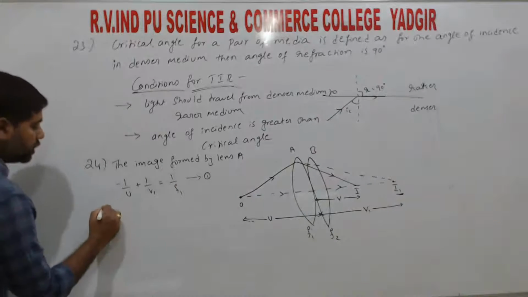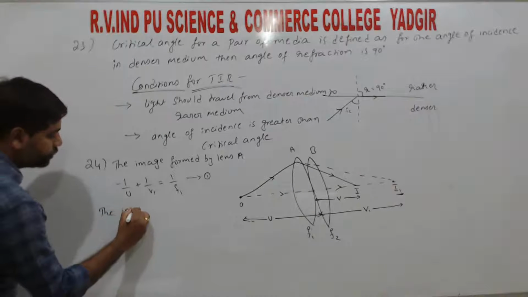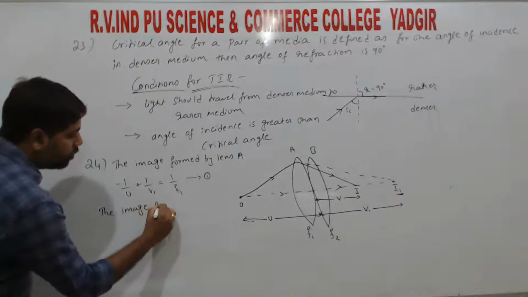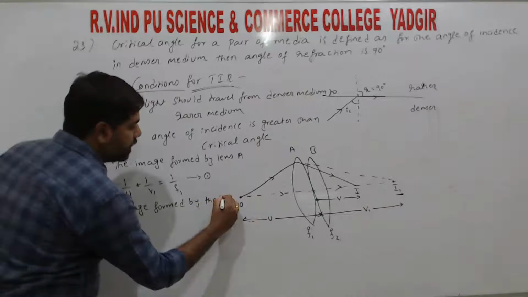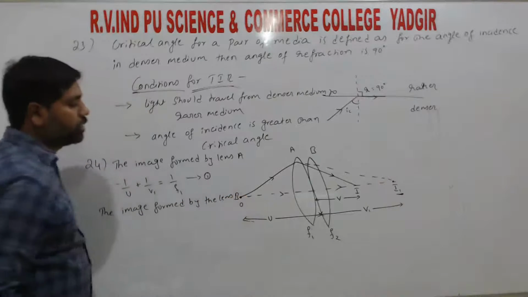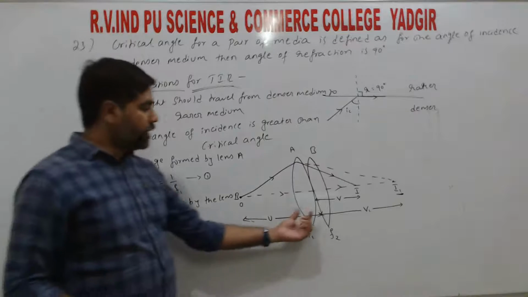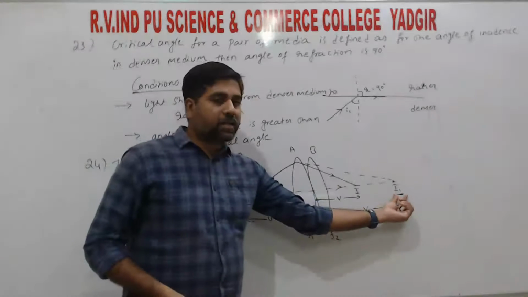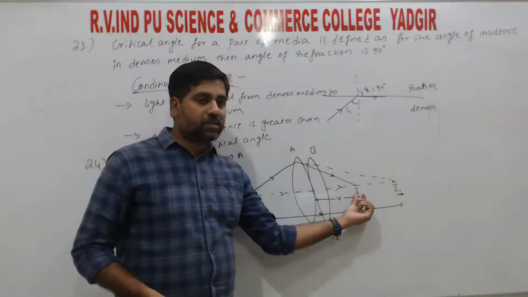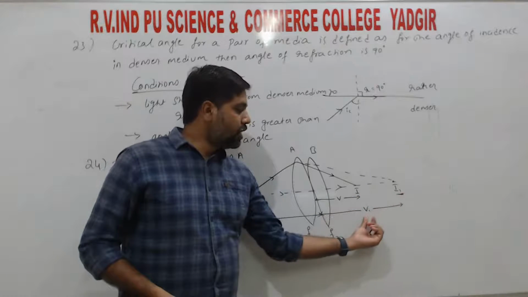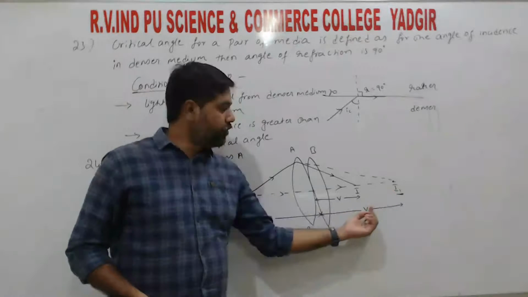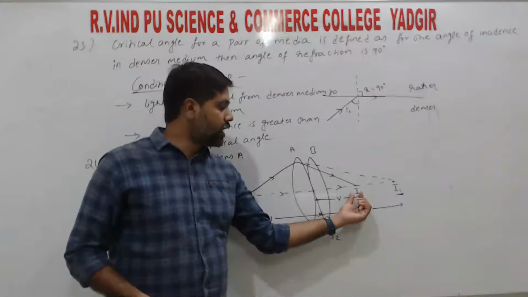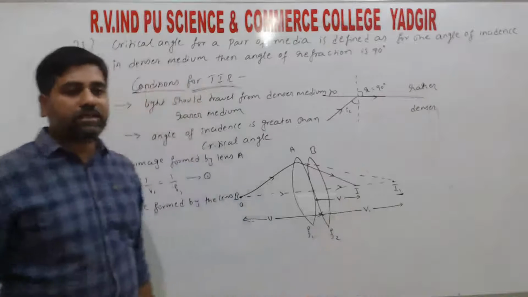So the next one is the image formed by the lens B. For the second lens, I1 acts as the object and I acts as the image. So I1 is the object, v1 is the object distance, I is the image and v is the image distance.